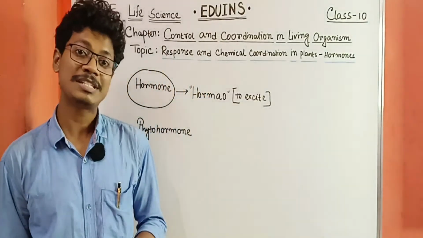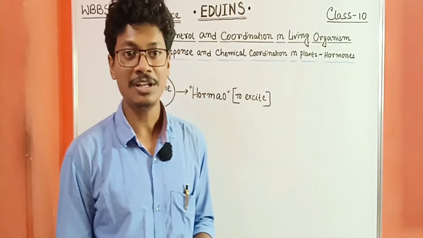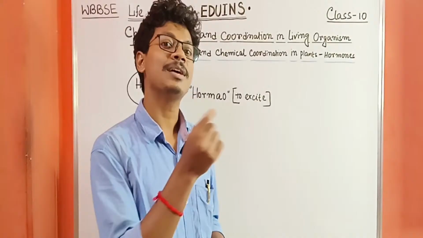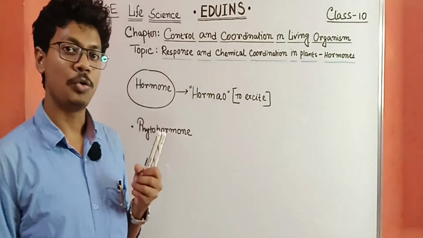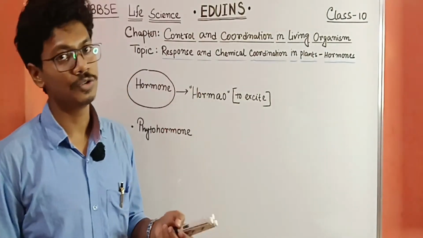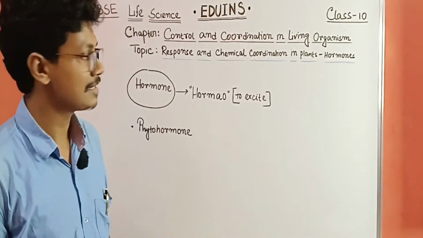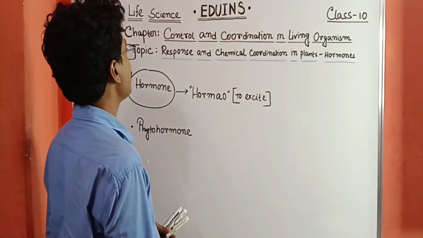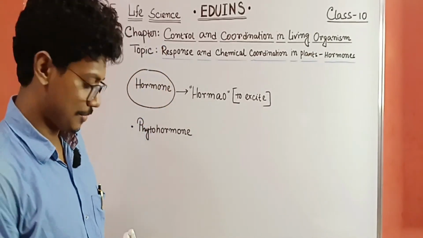If you still have not watched the video, you must visit it after this live session, because this topic is interlinked with the previous one. One topic is correlated with the next topic. So please do visit after this class. And in today's class, we will discuss response and chemical coordination in plants: hormones.